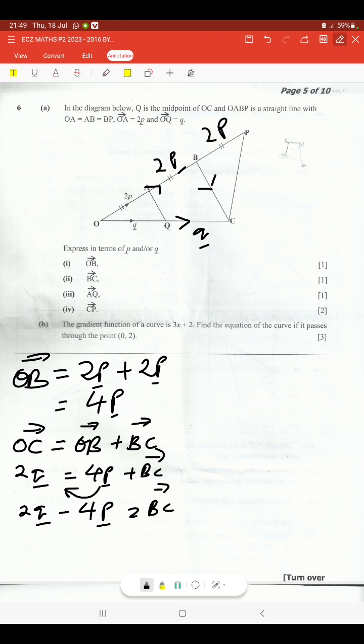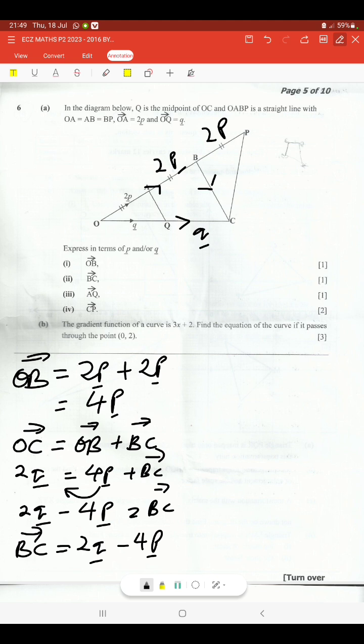So this is our vector BC. You can even write it like this: 2Q minus 4P as our vector BC.